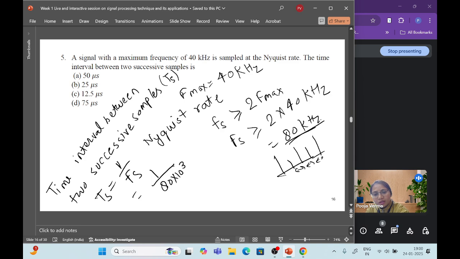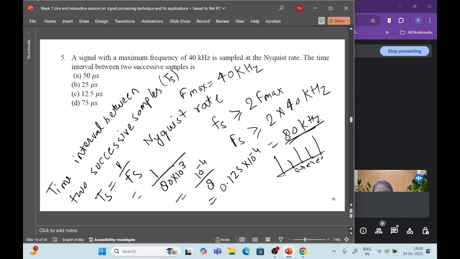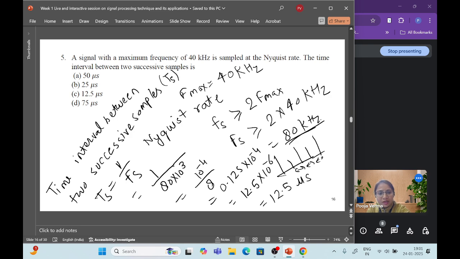If you divide it, you will get 10 to the power minus 4 divided by 8, which is 0.125 into 10 to the power minus 4. If you rearrange it, you get 12.5 into 10 to the power minus 6, that means 12.5 microsecond.